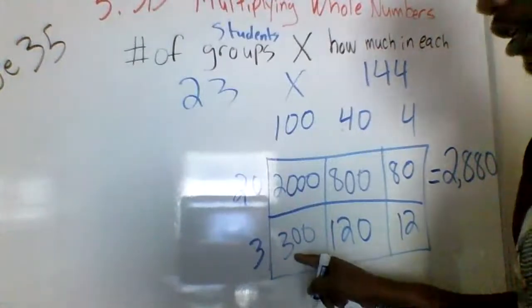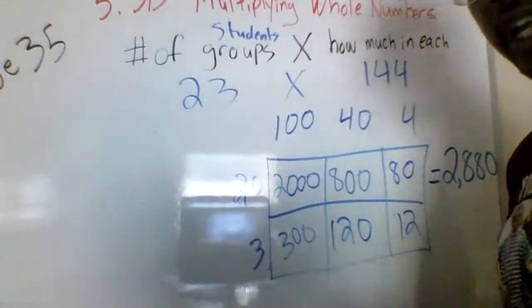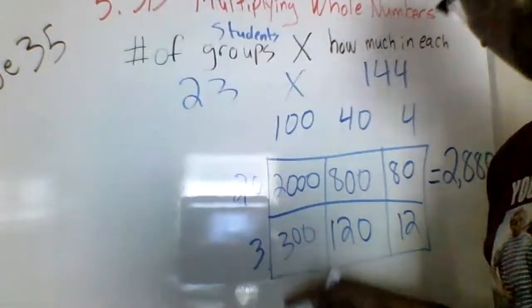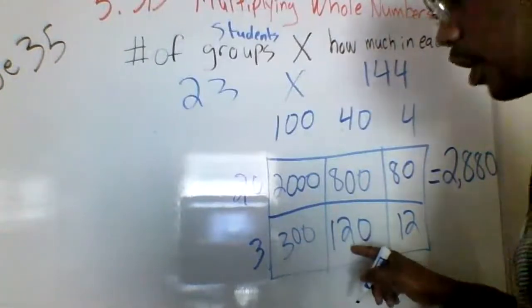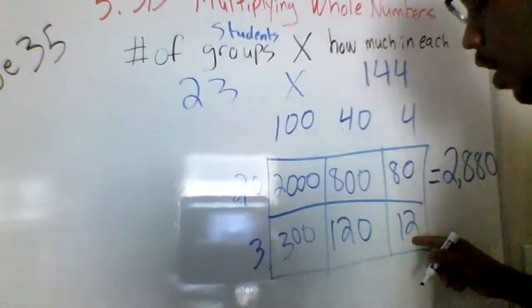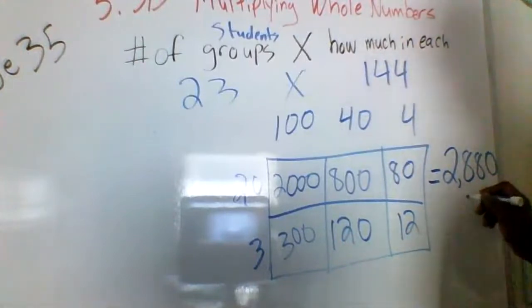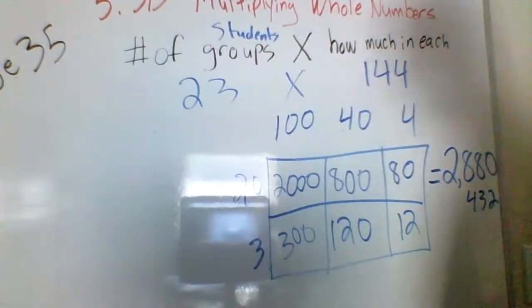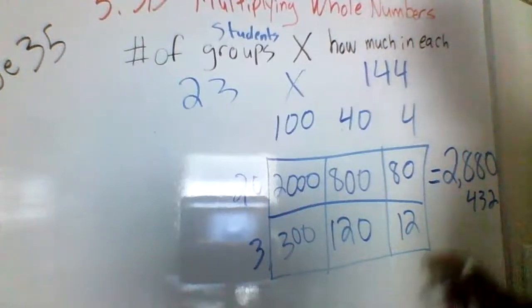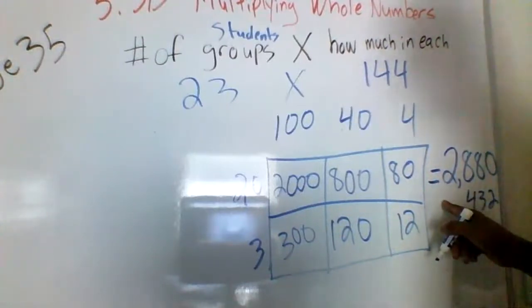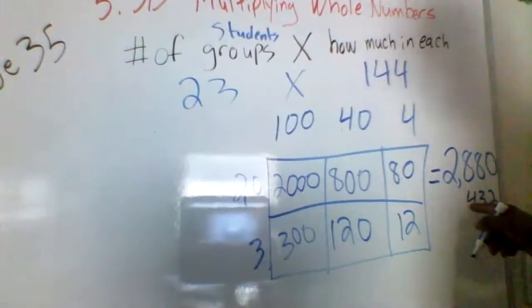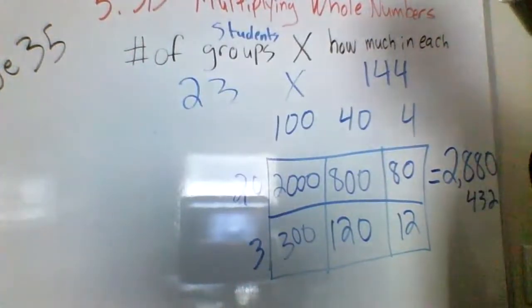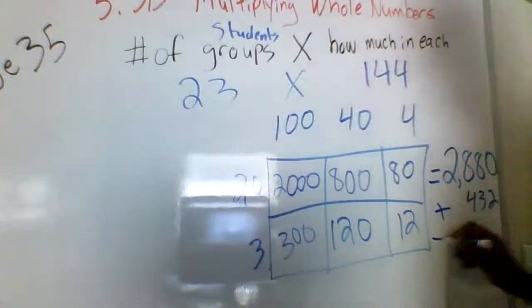Now, 300 plus 120 is 420. And 420 plus 12 is 432. All right. Now make sure you don't put the 4 under the 2 because this is 2,000. This is 400. Make sure you put the 4 under the hundreds place. Right? Now you just add them up.